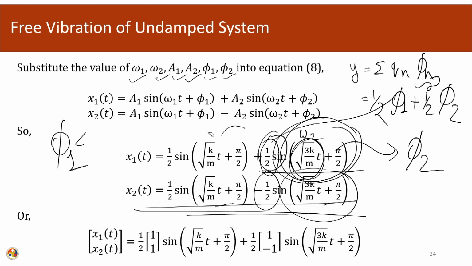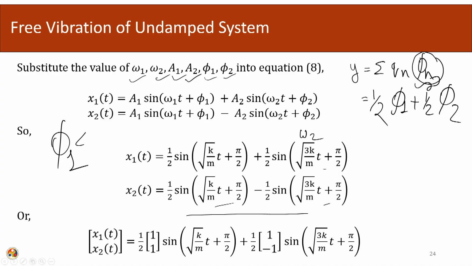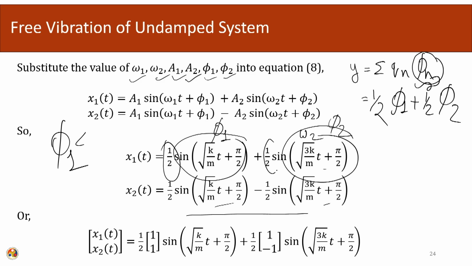We started the solution as a summation of Qn and phi n from the individual modes. Phi was giving me the contribution from the mode shape, so here it will be the contribution from the two modes. This is the contribution phi 1 from the first mode, this is the contribution phi 2 from the second mode, and these are the amplitude contributions Q1 and Q2.